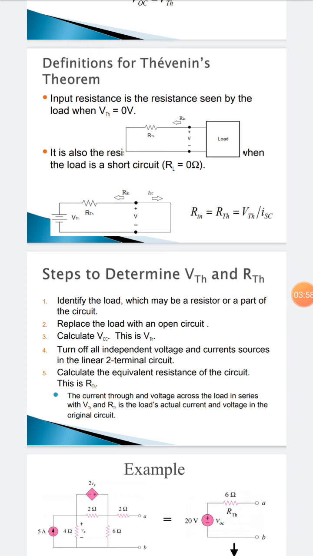When the load is connected, its value is zero. That's why before calculating VTH, we remove the load connected to the network. After that, we can calculate the open circuit quantity of the Thevenin equivalent resistance.